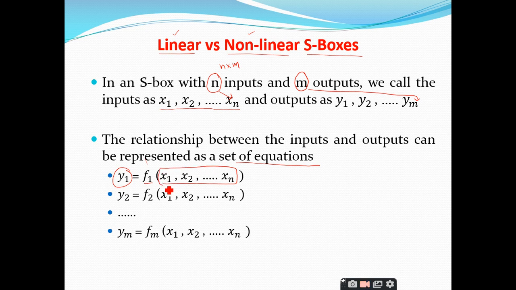One output is given as a function of n inputs. Similarly, the second output is given as a different function of n input variables. Similarly, the ym output has another function fm, also defined on n input variables.